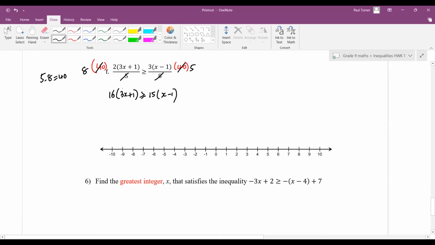Now we just basically expand this. So 3 times 16 is going to be 48x. 1 times 16 is 16, greater than or equal to 15x and minus 15. Now we'll group our x's onto the left side.